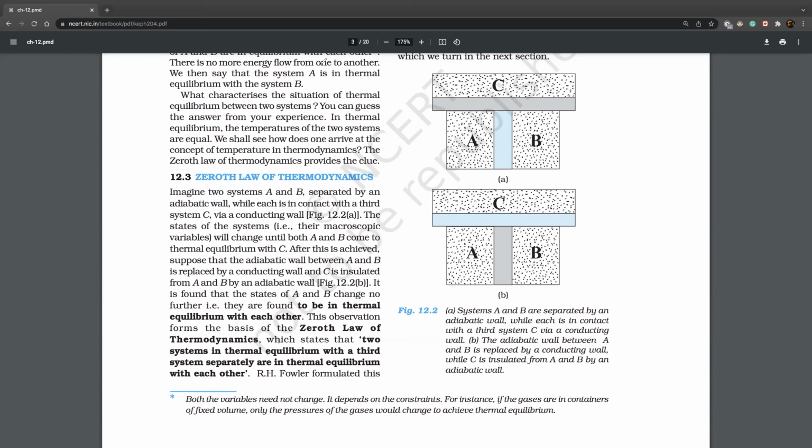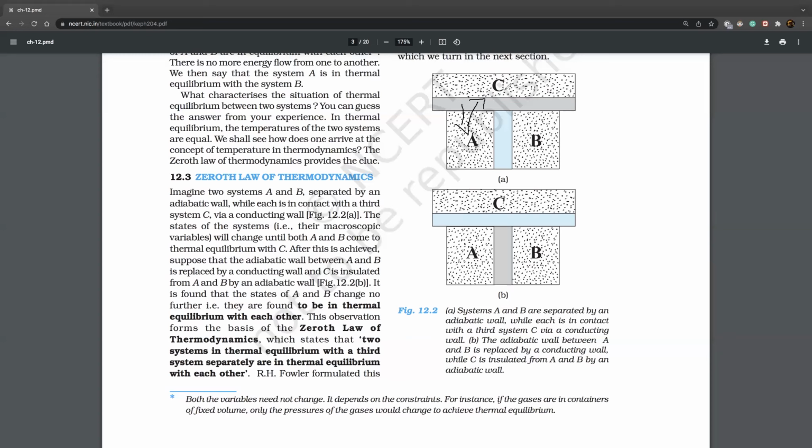So what this essentially means is that if we look at this system here, this is the adiabatic wall, yes? And this right here is a conducting wall. While the adiabatic wall stops the movement of heat energy and change in variables from here to here, what this separate system C does is this: when we have both A and B in contact with C, when A is in contact with C, there's heat and energy transfer through this wall, and A and C attain equilibrium.